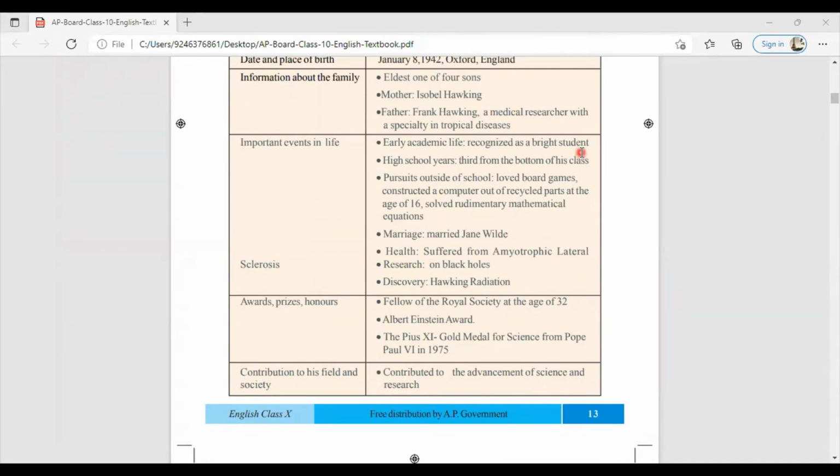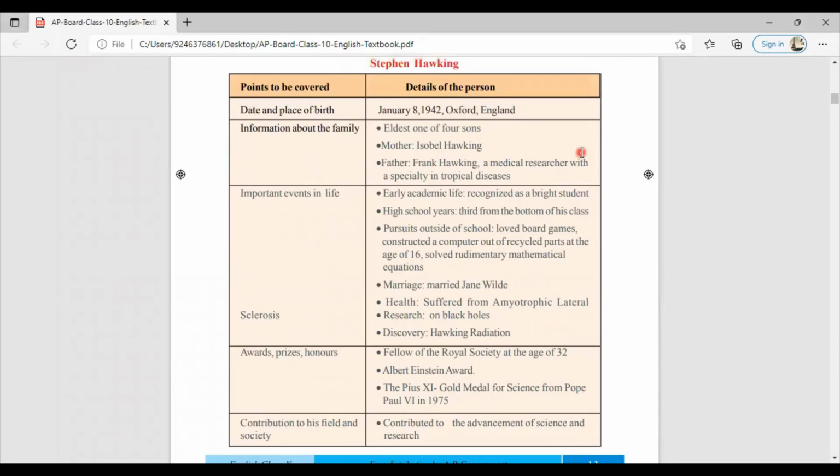So you will start by saying that Stephen Hawking, or Stephen William Hawking, is one of the greatest scientists in the world. He was born at Oxford in England on 8th January 1942, to Frank Hawking and Isobel Hawking.